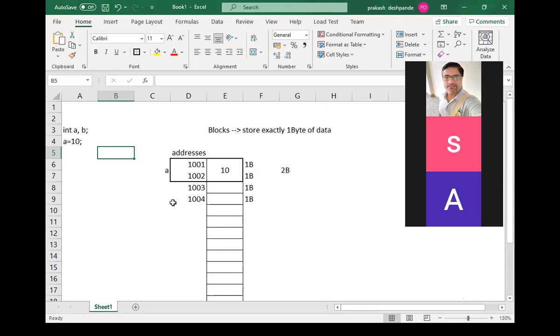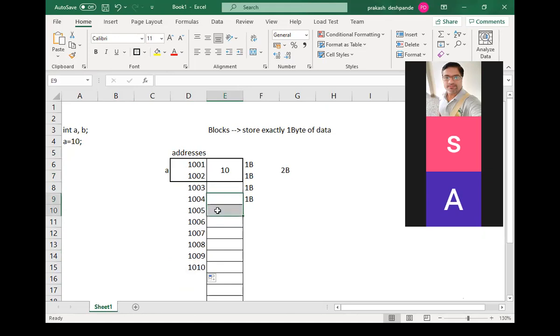Then what can the computer do? The computer tries to identify two consecutive memory blocks. For a it has allocated some 2 bytes, and for b let me pull out some lines here so that I can fill in the values. Now I need b also. It will try to find some two memory blocks. It may allocate these two memory blocks, or these two, or sometimes these two memory blocks also.